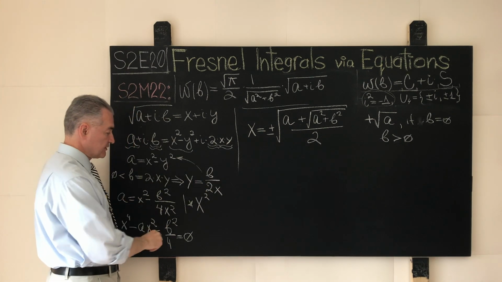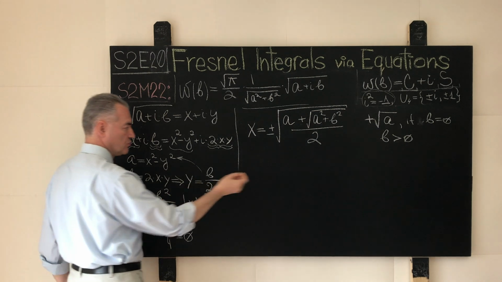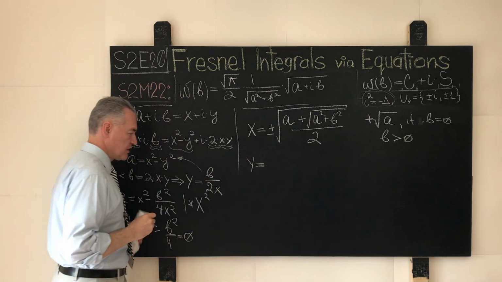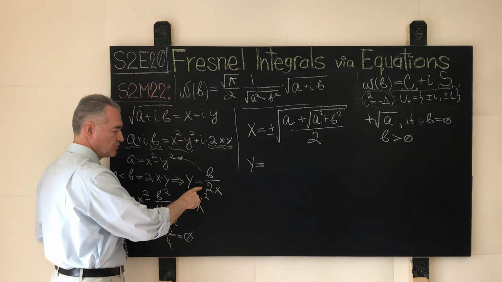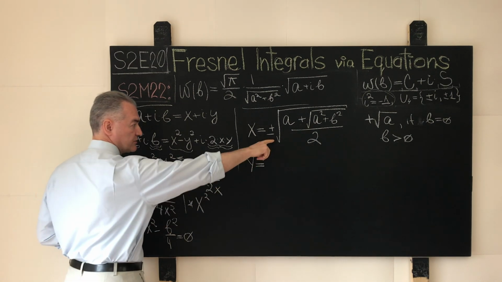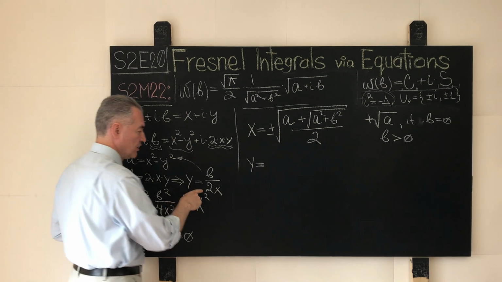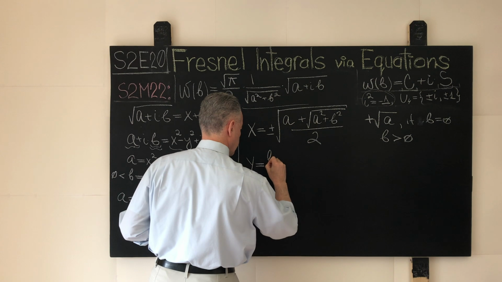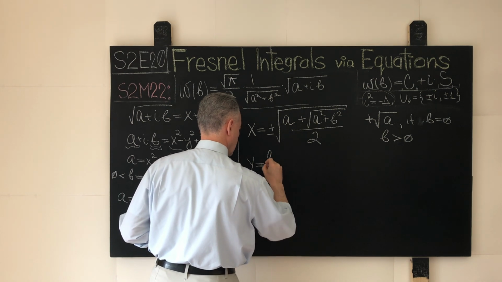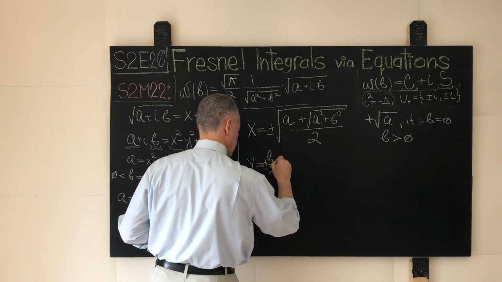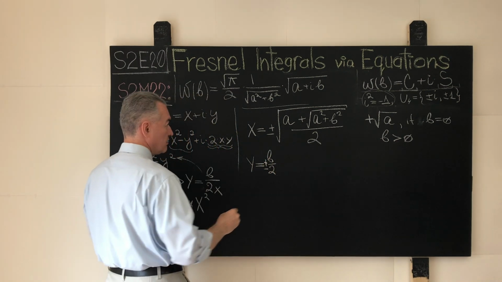Now that we know x, do we know y? Yes, we do. Again, you can skip this if you know how to handle the rest correctly on your own. But here we simply take the value of x over here and insert it into the right hand side of this equation. What do we have? b over 2 plus minus, let's not forget plus minus, b over 2, and then what will it be?